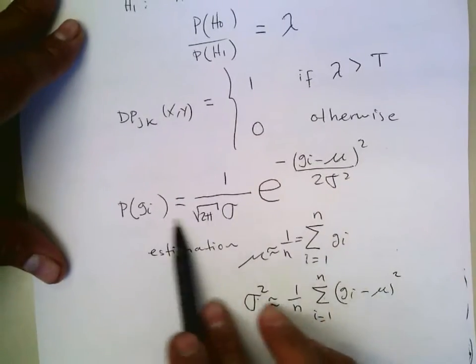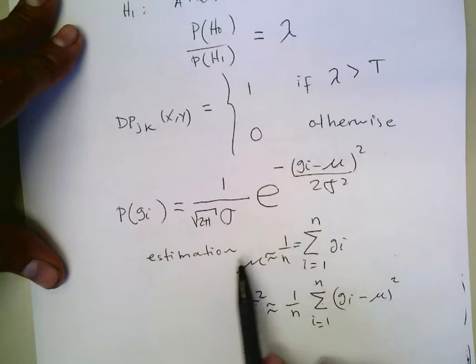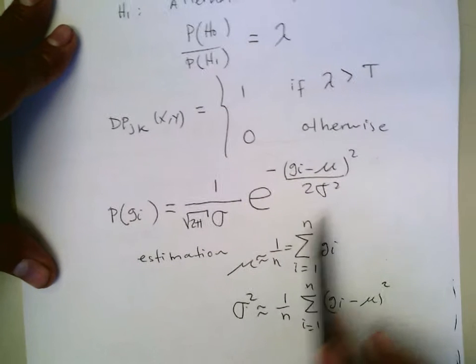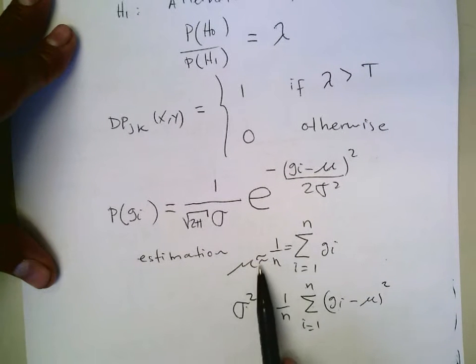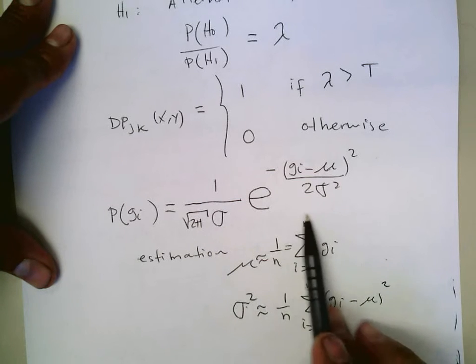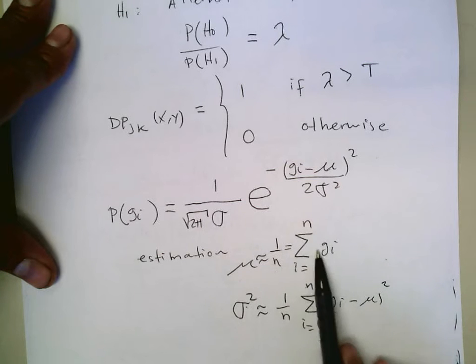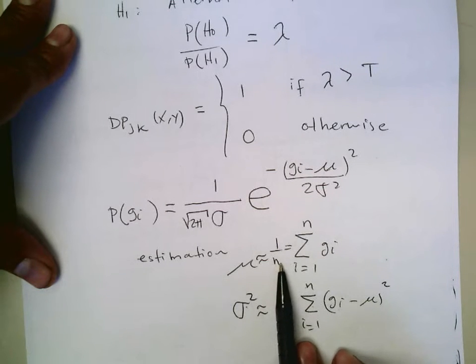Again, this is the formula, and then how do we compute the mean? The mean is supposed to be from the population, but we will estimate it from the sample that we have from the region or from the image, by just getting the average of the intensity values on that image. That means we add all the values and divide by the total number of pixels.